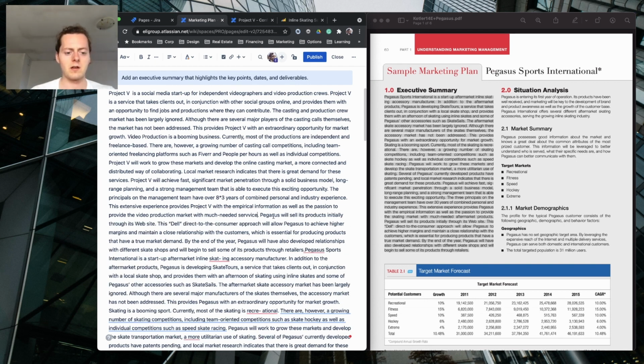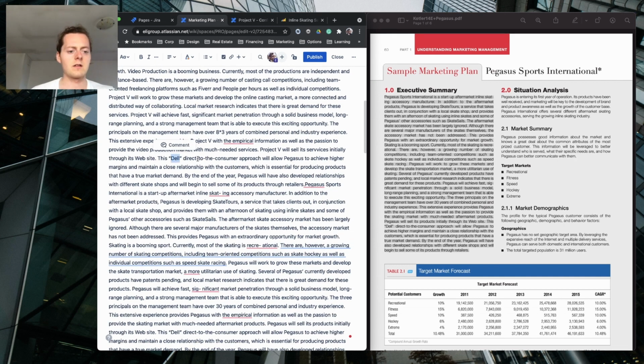Project V will sell its services initially through its website. This direct to customer approach will allow Project V to achieve higher margins and maintain a close relationship with customers, which is essential for producing services that have a true market demand.